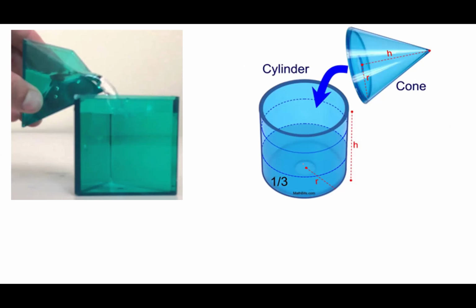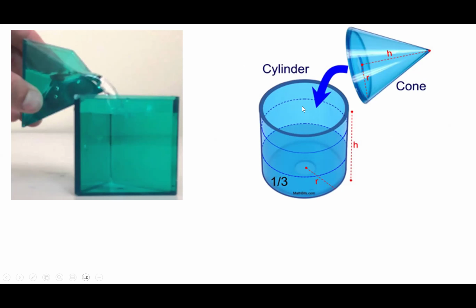Okay, so I know the volume of a cylinder, or the volume of a prism, is area of the base times height. But I know it takes 3 cones to fill up a cylinder. So since the cylinder is area of the base times height, I'm going to say the cone is going to be area of the base times height divided by 3.